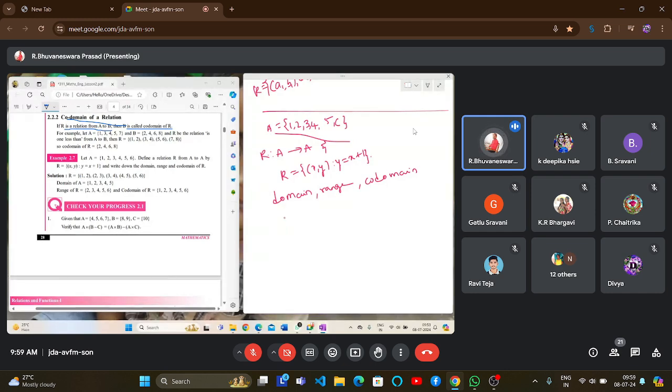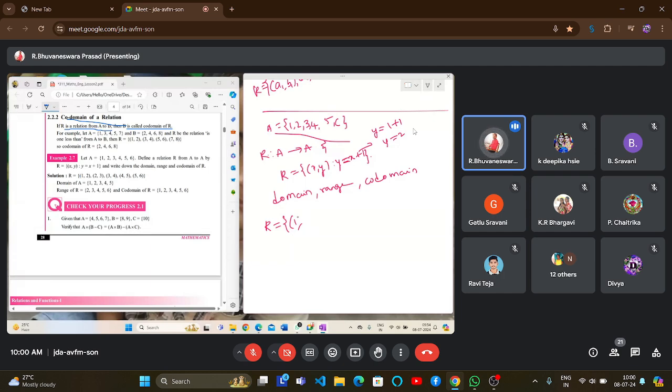So for example, R. First of all, we have to create the relation. Relation means the set R is the set of all ordered pairs, right? For example, I will take x value 1. Then what is the y value? Put x equals 1 in this equation: 1 plus 1, so y equals 2, right?